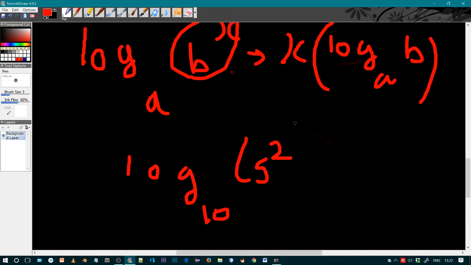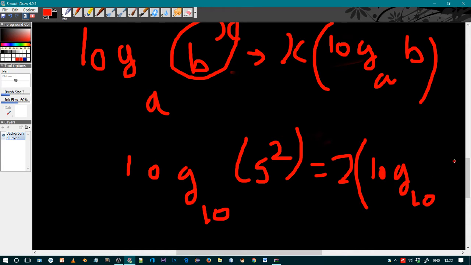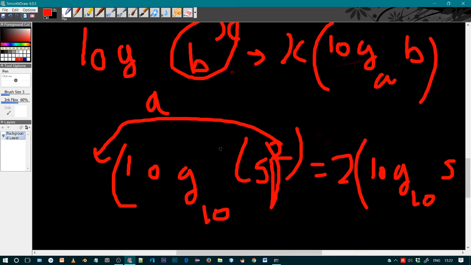Now we know that 5 square is 25. You can write it as log base 10 of 25, or you can write it as 2 into log base 10 of 5. So this power right here basically goes out front and multiplies itself with this value. This is an easy rule.